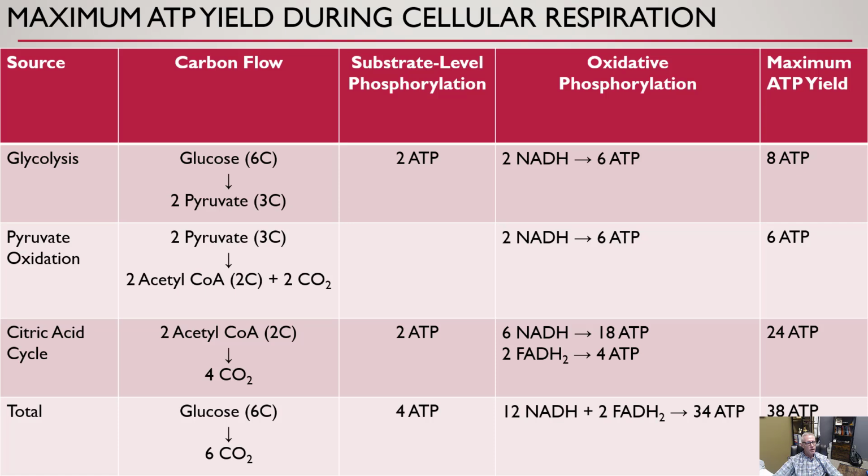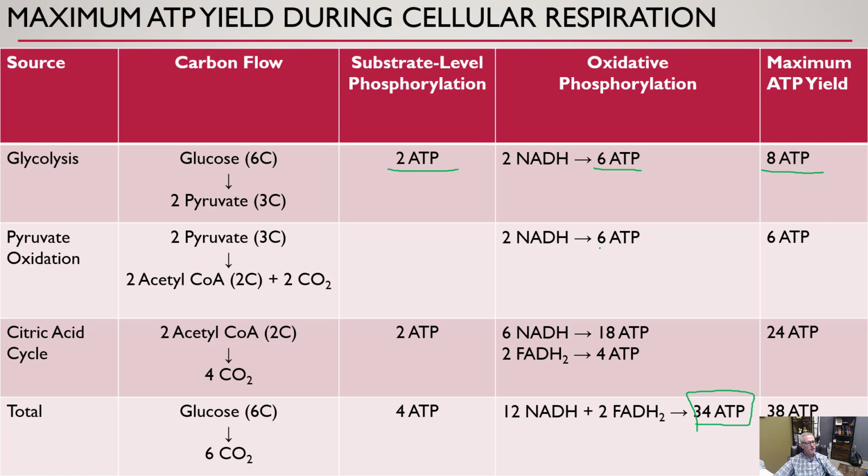So here we can see that a total of 34 ATPs were generated from our NADHs and our FADH2s. Going back to glycolysis, we produced 2 ATPs and 6 ATPs from our electron transport chain, for a total of 8 ATPs.